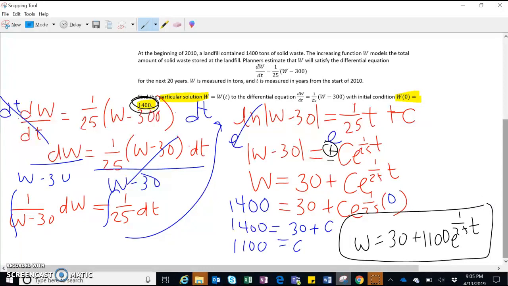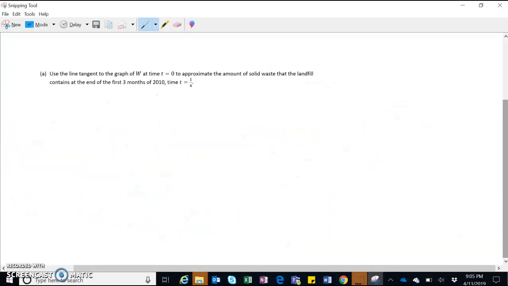Separated, integrated, and done. A pretty standard follow-up is here in part A, where we're required to use the line tangent to the graph of W at t equals 0 to approximate a given value. So line tangent to a graph means y equals m times x minus x1 plus y1. And the two things I need are a point and a slope.